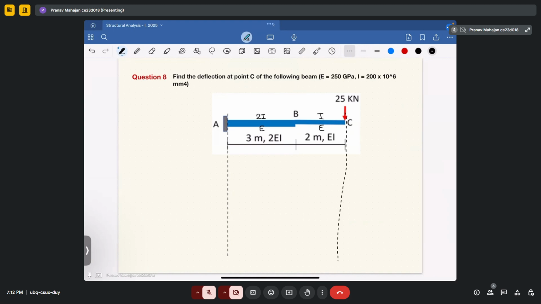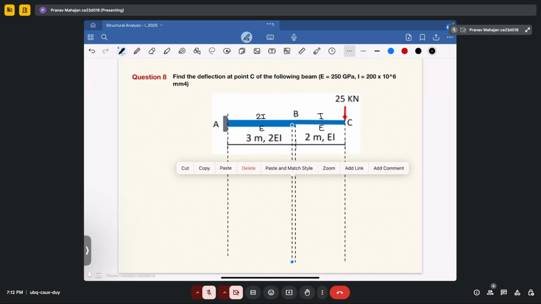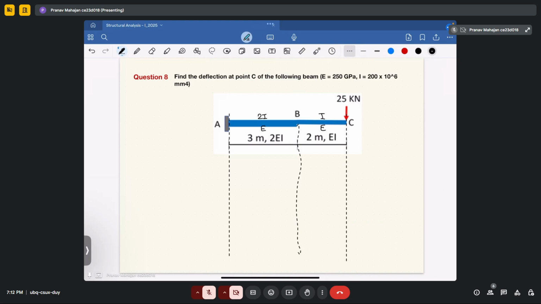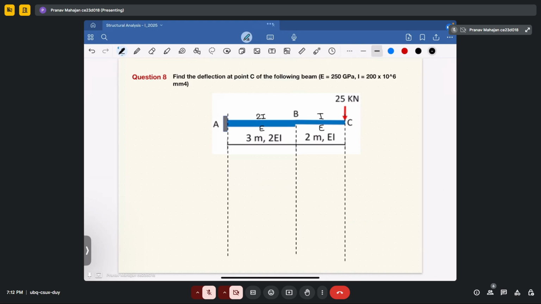So you have a concentrated load at the free end of the cantilever beam. So in this case, the bending moment diagram will be linear. Okay, so let's draw this linear diagram. How it will look like, we will see. Okay, so in this case, if you draw the bending moment diagram, you can see that till 2, it is 50 kilonewton.